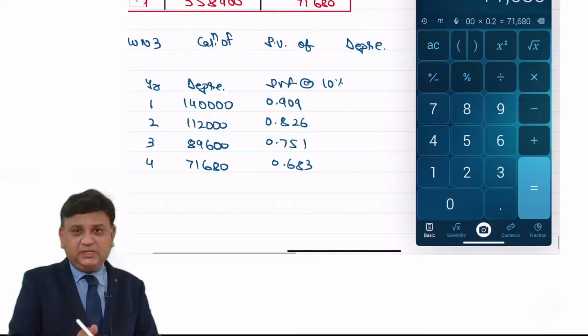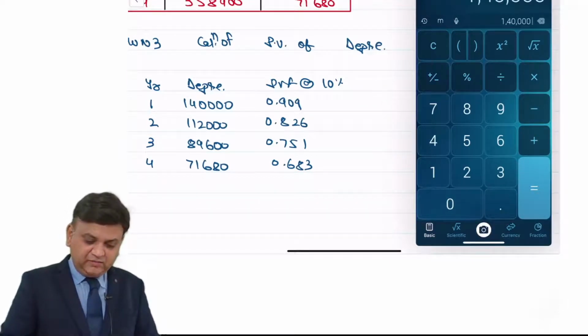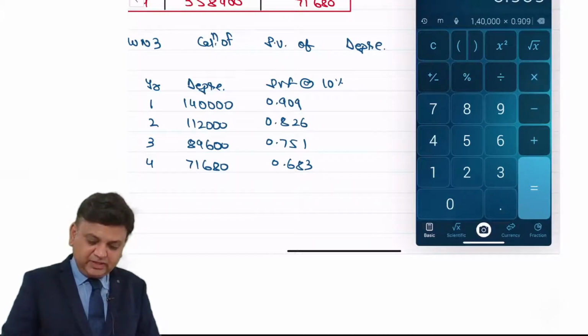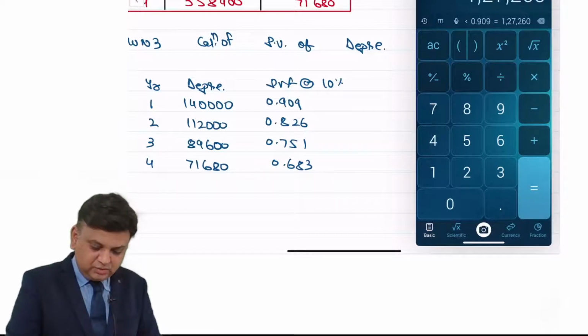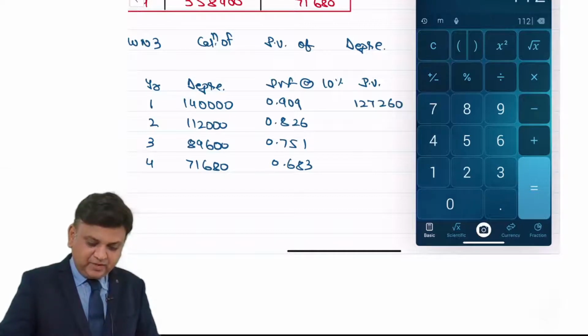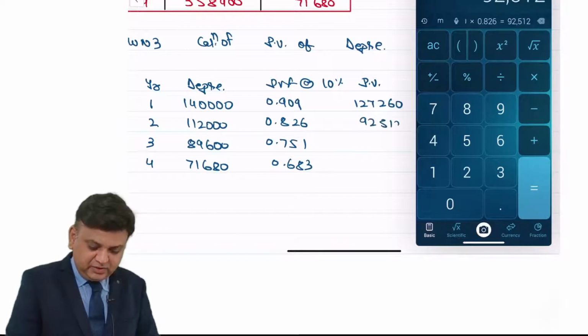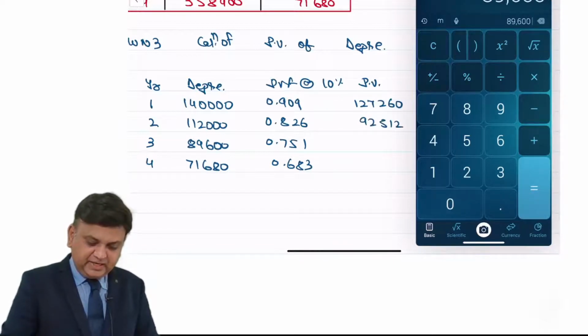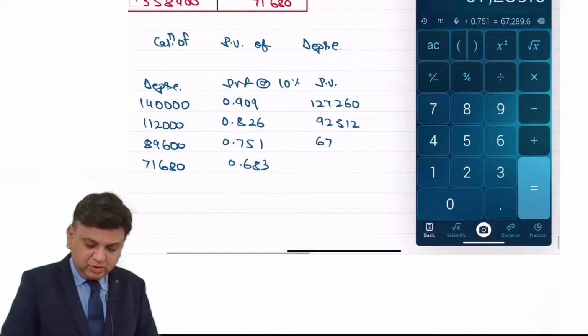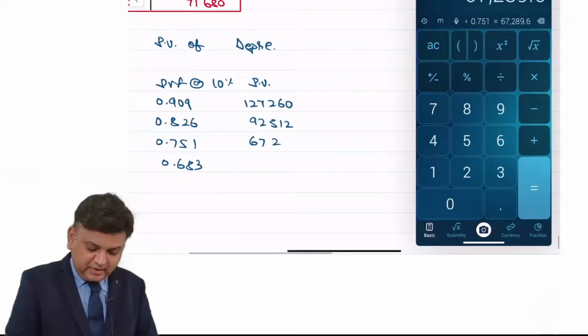I'll be able to explain that slightly later on. 1,40,000 into 0.909, so present value is 1,27,260. 1,12,000 into 0.826 is 92,512. 89,600 into 0.751 is 67,289.6.